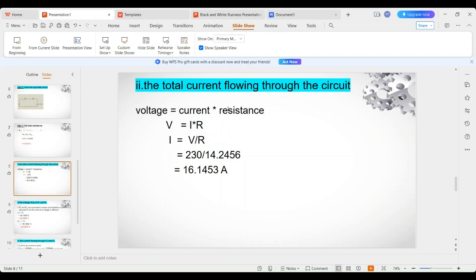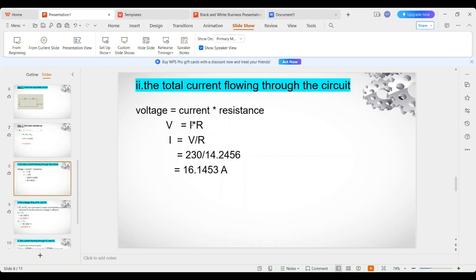Voltage is abbreviated as capital V, current as capital I, and resistance as capital R. Therefore, V is given by I multiplied by R. But in our case, we are looking for I, so let's make I the subject of the formula. You divide by R on both sides, and R and R cancel.